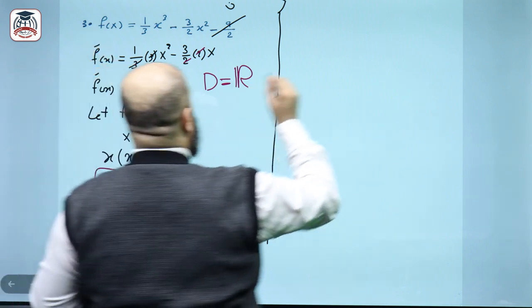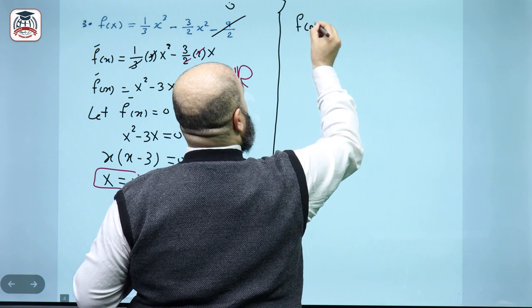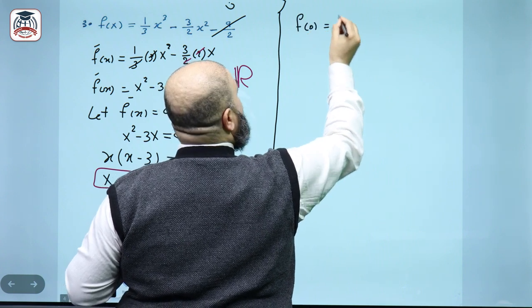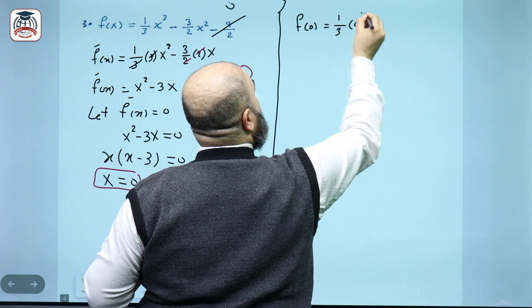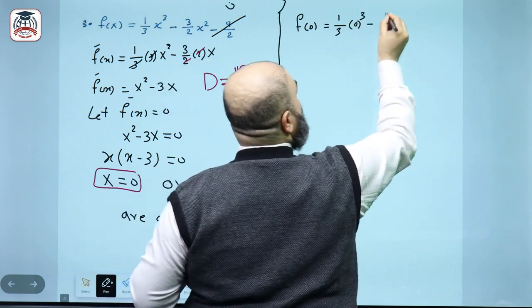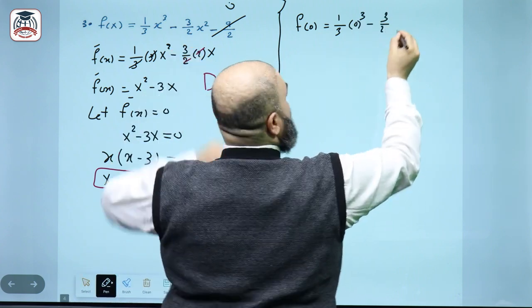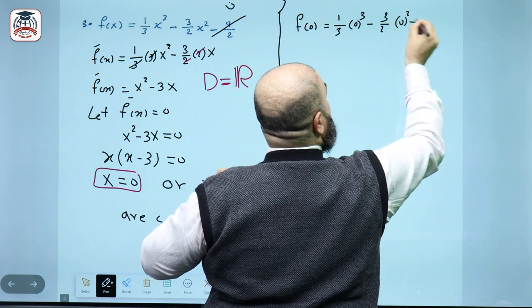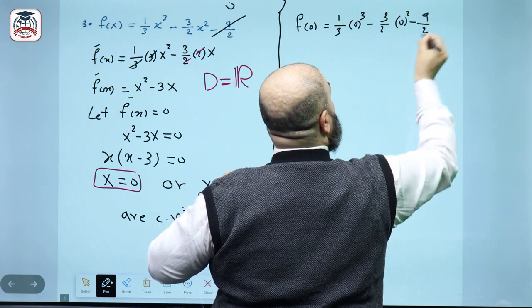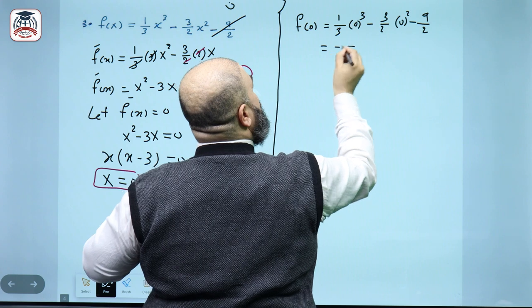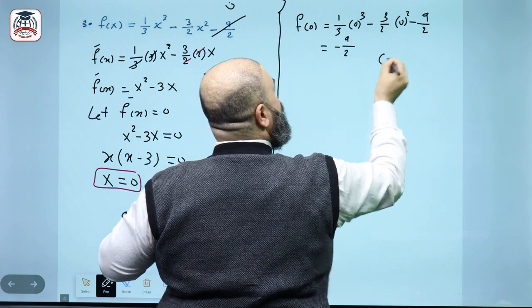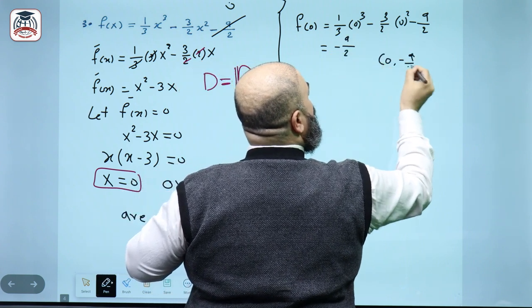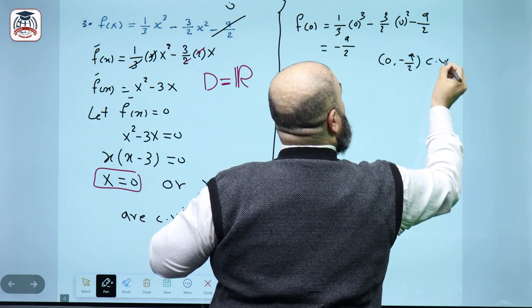We replace 0 first. F of 0: 1 over 3 times 0 cubed, minus 3 over 2 times 0 squared, minus 9 over 2. We get negative 9 over 2. Then (0, negative 9 over 2) is a critical point.